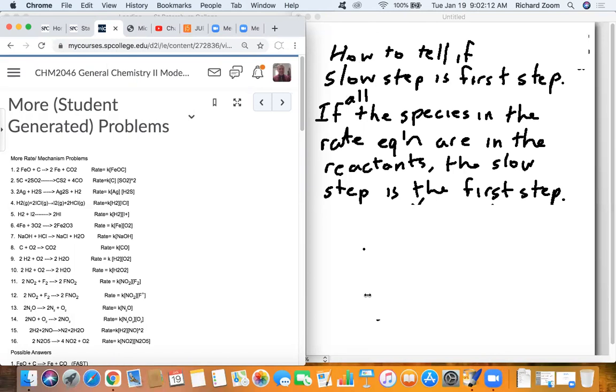Number one, first step, slow step. It's interesting, isn't it? Put in your best guess, folks.